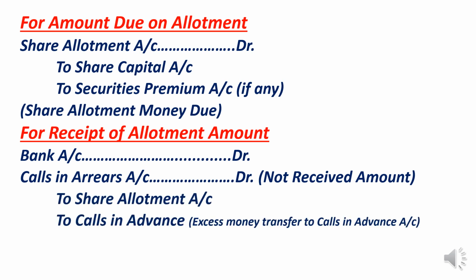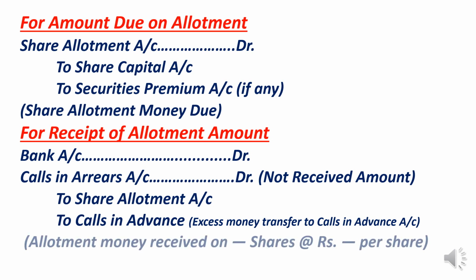To share allotment, to calls in advance. In case any shareholder pays money in advance, or even though we did not call the money but he paid excess money, that will be transferred to calls in advance account for adjustment in the future. So this is the entry for allotment due and allotment receipt.